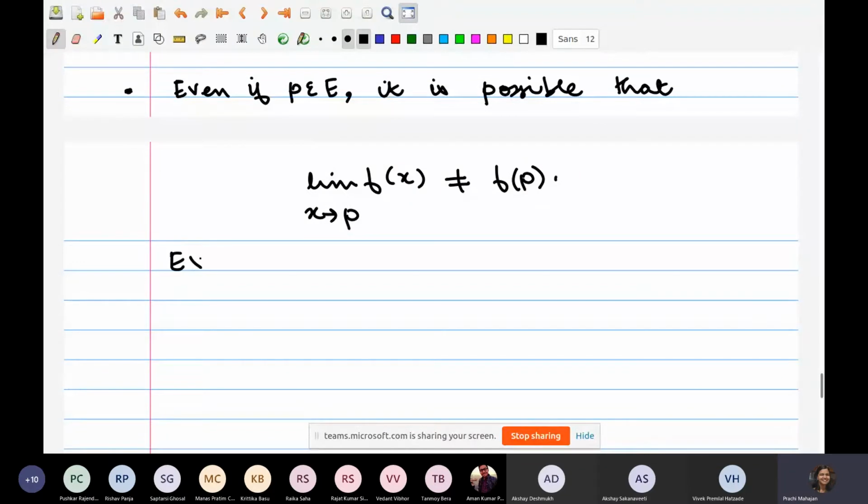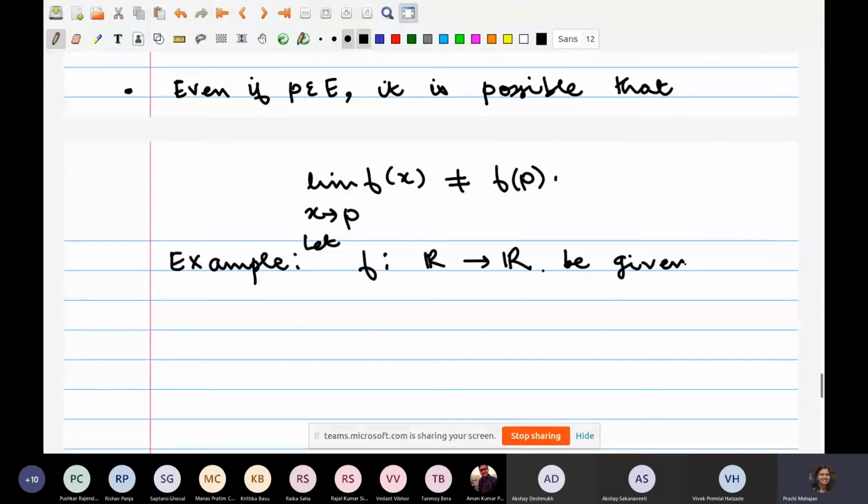So here's an example to illustrate this. Let's consider f a function from R to R. As I said before, unless stated otherwise, this is to be understood as a function from the real line with the Euclidean metric into the real line with the Euclidean metric.